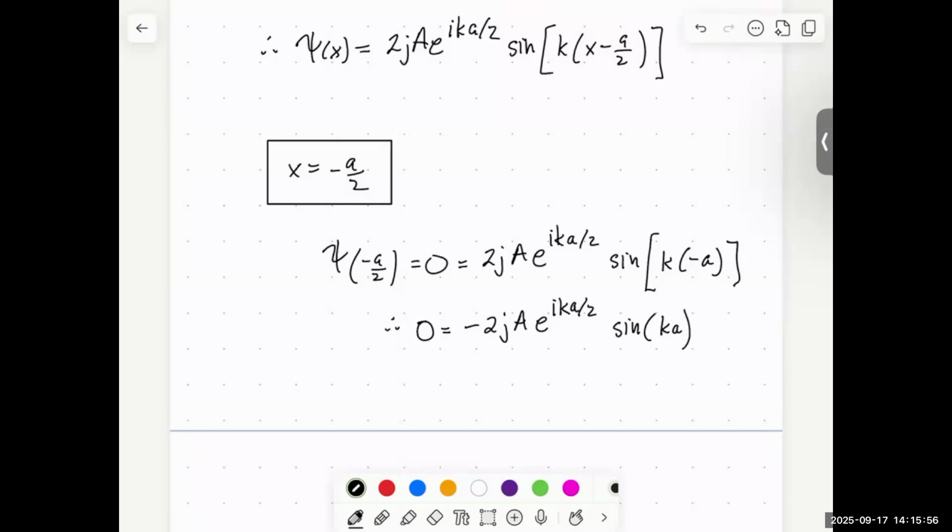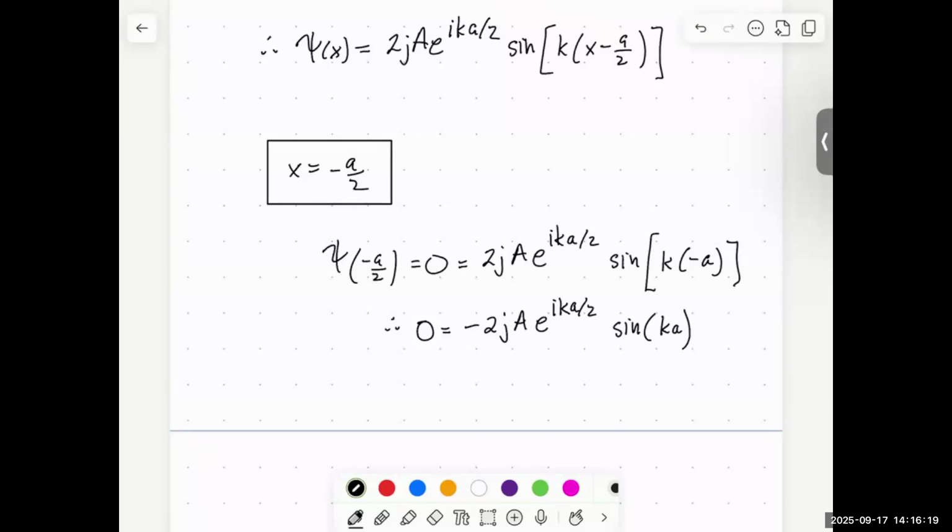All right. So now we have the situation where we're trying to find some of these unknown constants. We need this thing to be equal to 0. One way to do that would be to just say a equals 0. But that's not interesting, because if I set a equal to 0, we just have no wave function.